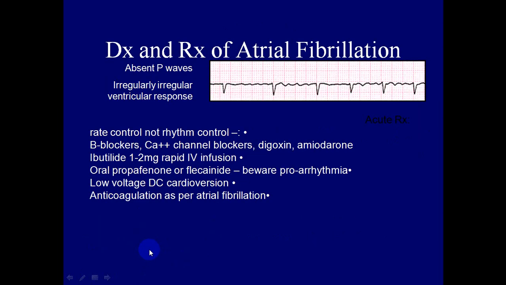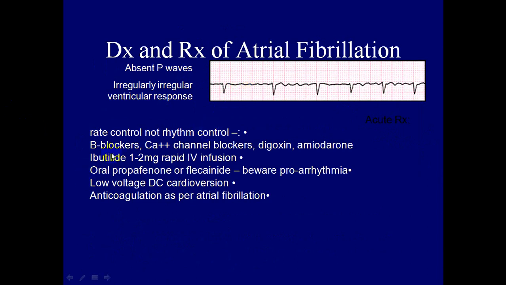For the treatment and diagnosis of atrial fibrillation: absence of P wave, irregular, and the ventricular response depends on the conduction. Rate control in all cases. Rhythm control, not all cases.